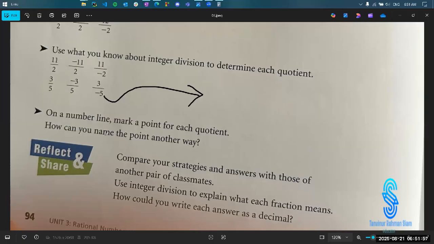So the thing is, the fractions can also be negative and still can be... Which chapter are we solving? Rational numbers. So to complete the sentence: the fractions can also be negative and still can be rational numbers. Got it? Yeah.